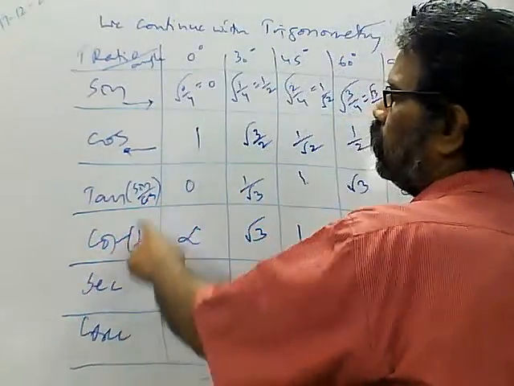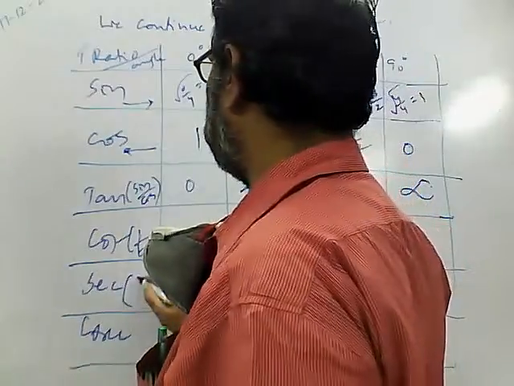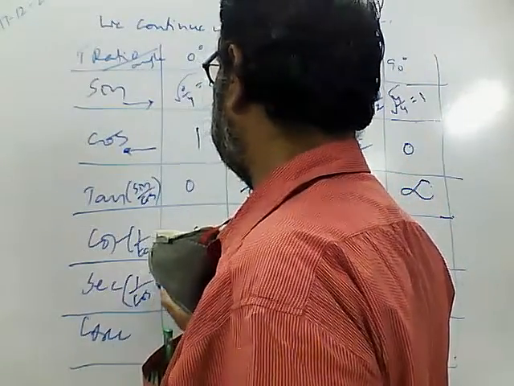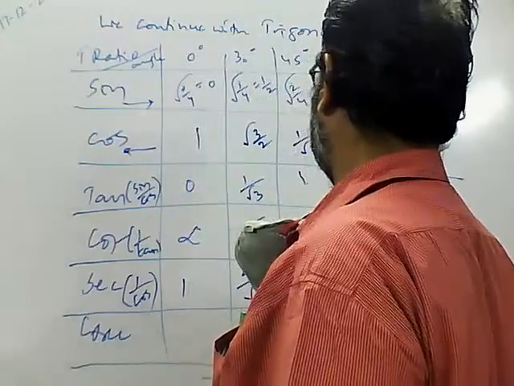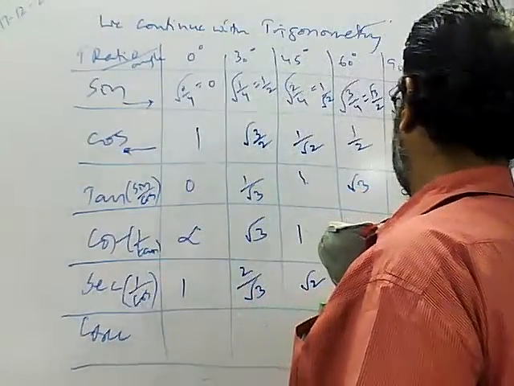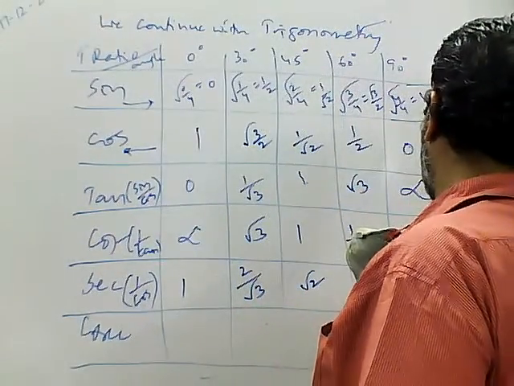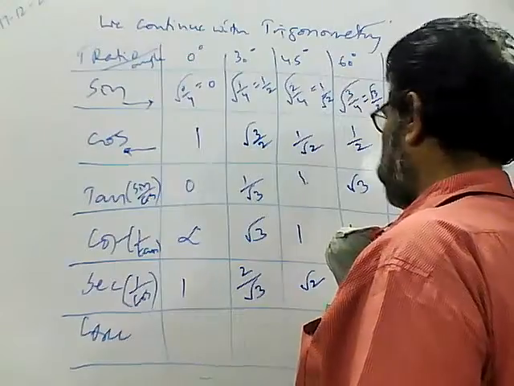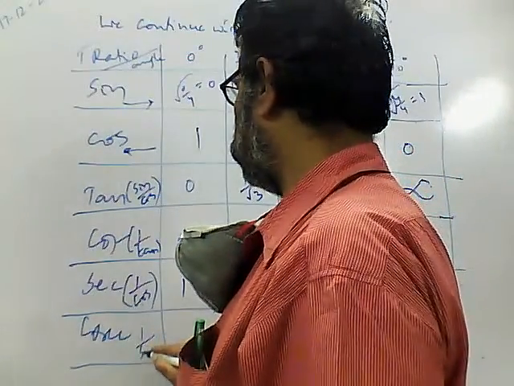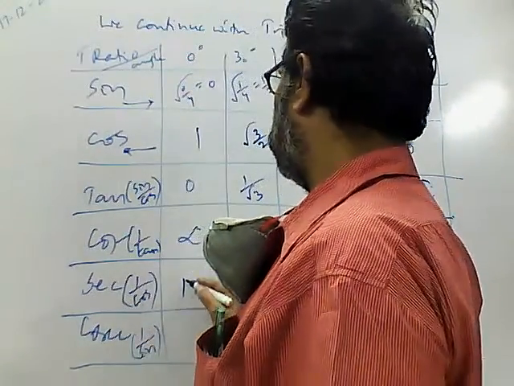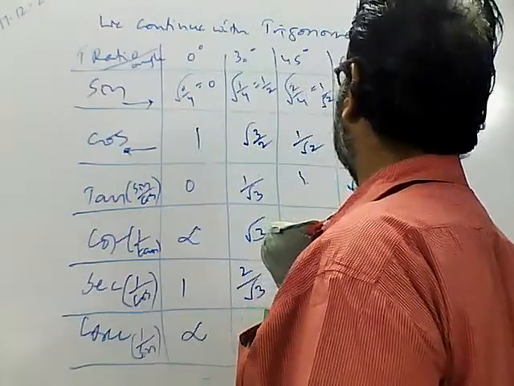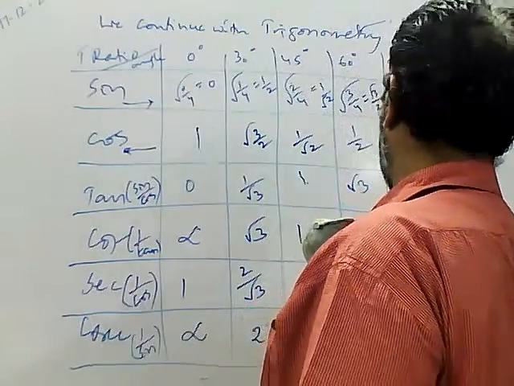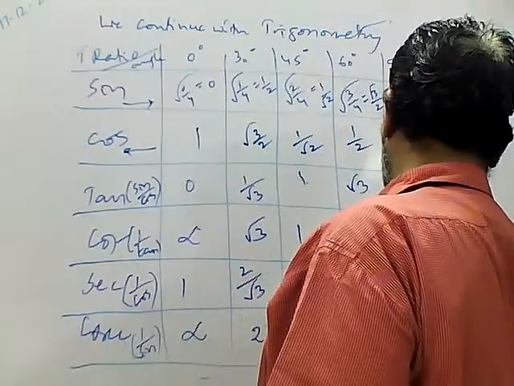Next secant, 1 by cos, the reciprocal. So 1, 2 by root 3, root 2, 2, and undefined. Now cosecant, how do we take it? 1 by sine: 1 by 0 is undefined, then 2, root 2, 2 by root 3.